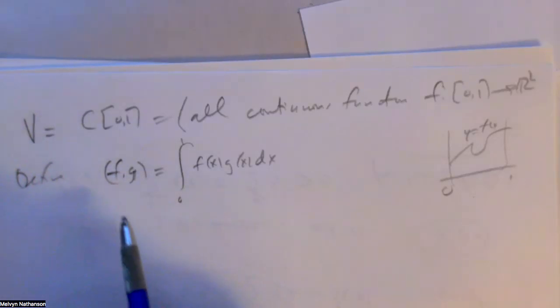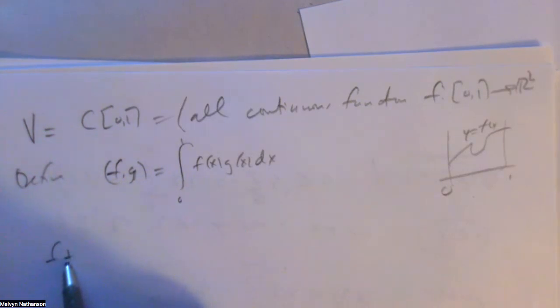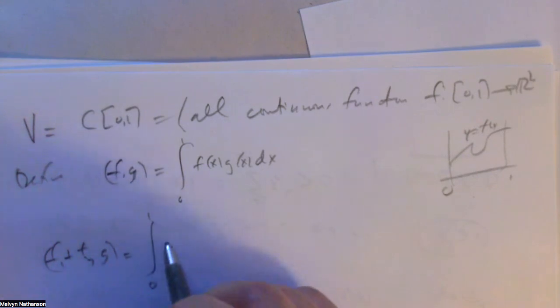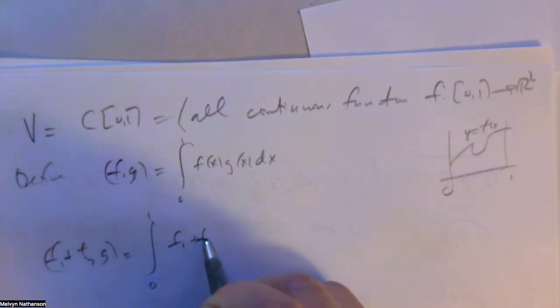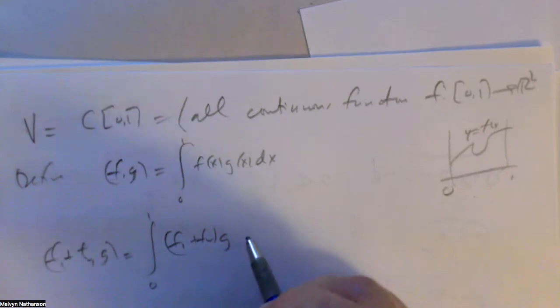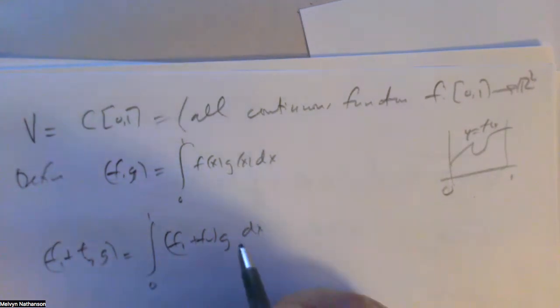This is just integration. You integrate the product of the functions. So if I take f1 plus f2, comma g, that's the integral from 0 to 1 of (f1 plus f2) times g dx.